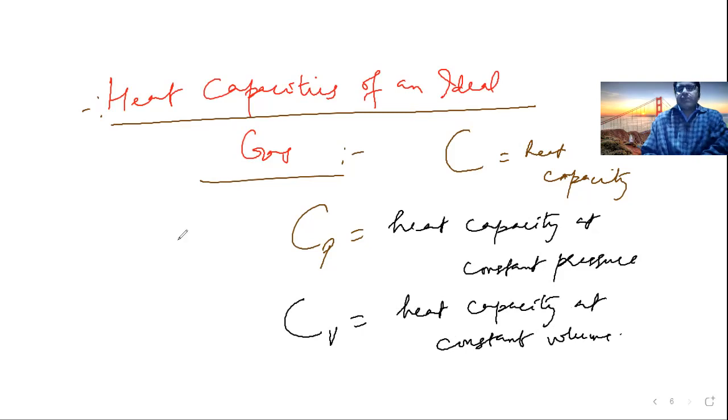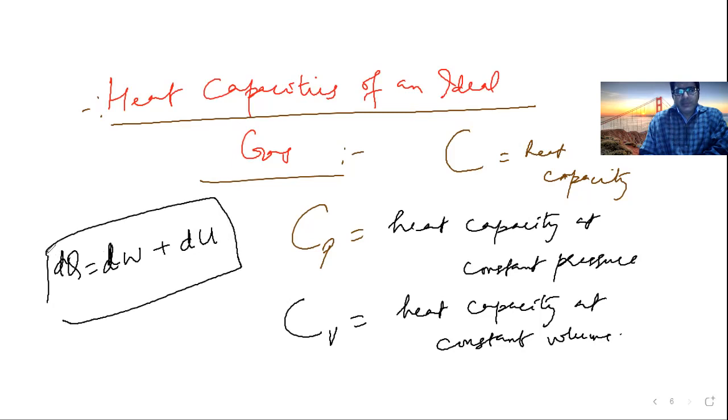Now, we know first law of thermodynamics. We write it dq is dw plus du. Here dq is heat put into the system, dw is work done by the system on the surroundings. What is du?